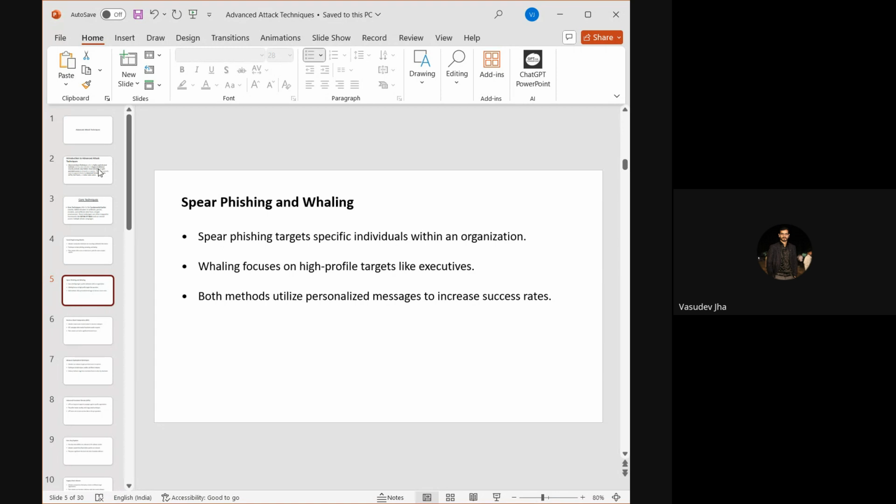Suppose I want to run a social engineering attack campaign on students. If I go on students only, that's simple phishing. Yes, Sir, phishing is done on a common aspect, like a common user.